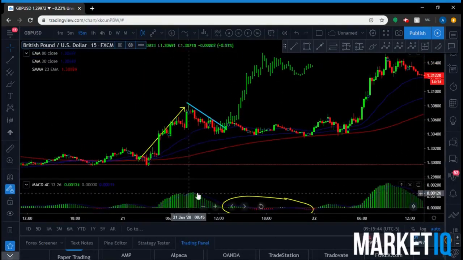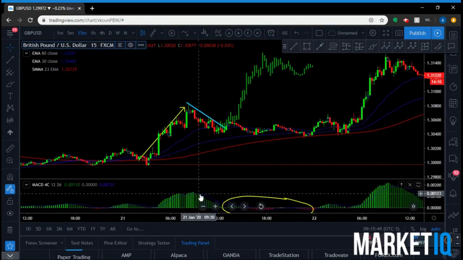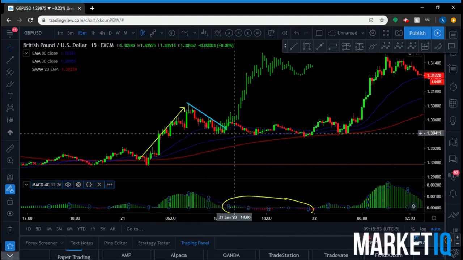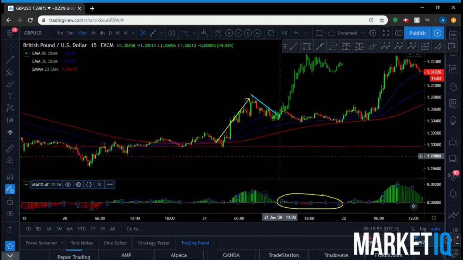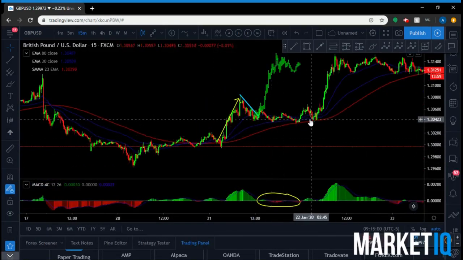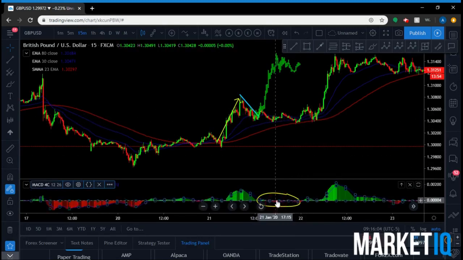Two, shortly after that, we have the histogram cross under the blue line. So that lets me know that we're having a correction. That lets me know that I need to wait until we have this scenario with the SMMA and the zero cross.